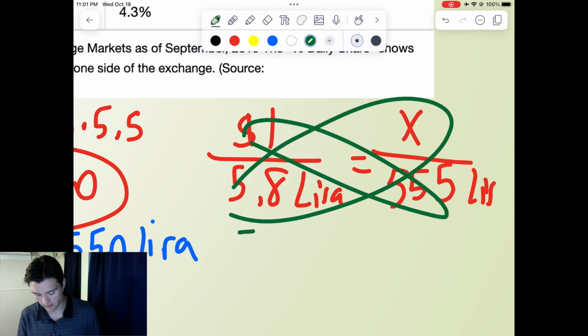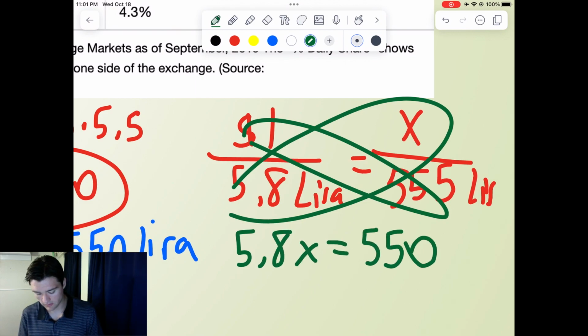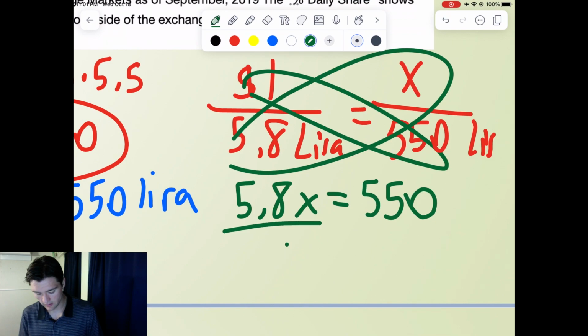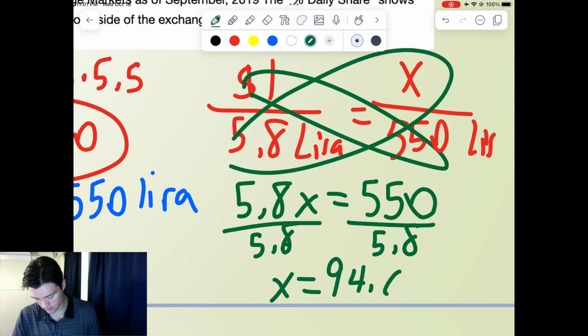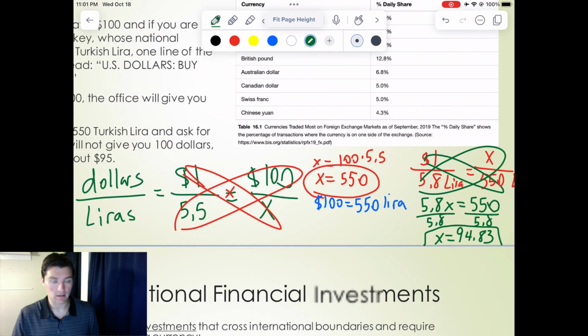Okay, so this would be 5.8x equals 550 lira. So if I were to divide by 5.8 on both sides, then x equals 94.883. So that's how many US dollars I get back.